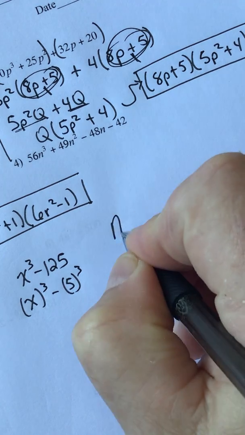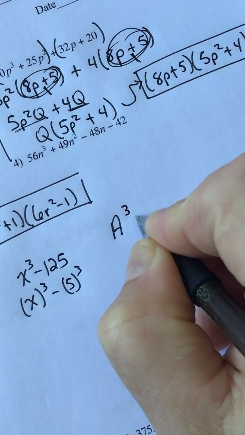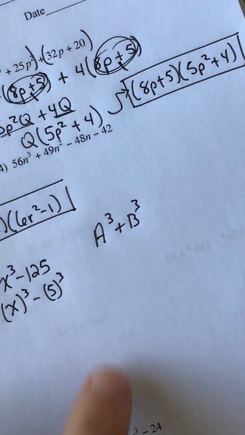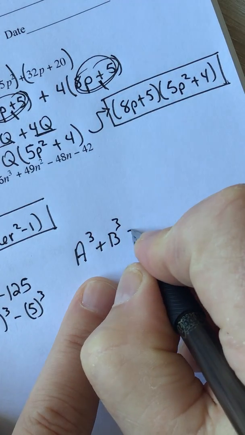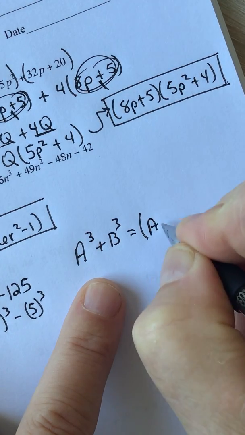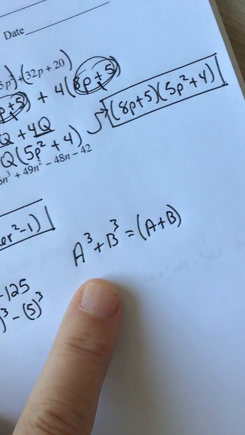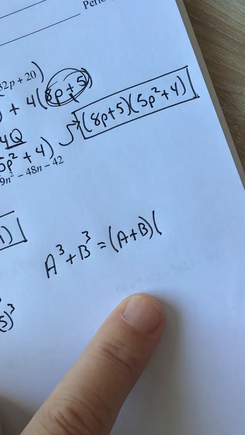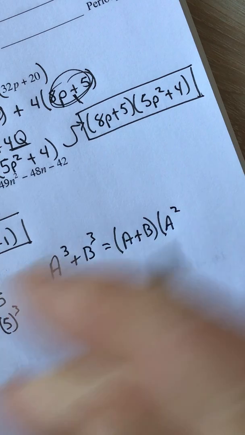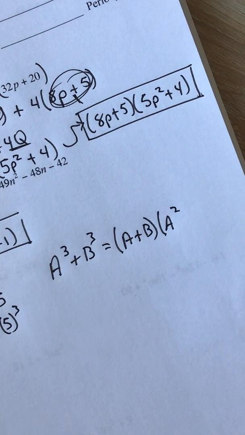If you have a first number to the 3rd plus a second number to the 3rd, that's what a perfect cube looks like. It factors out like this. A plus B is the first one. And then A squared, let's see, is it two of them or one of them?